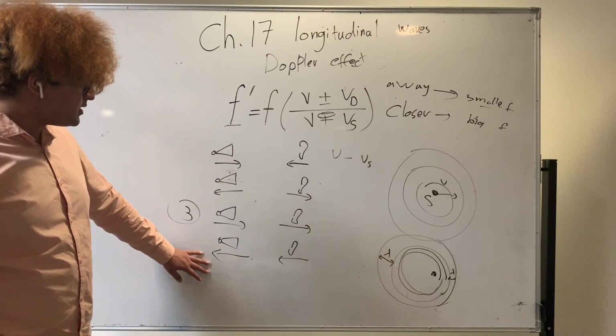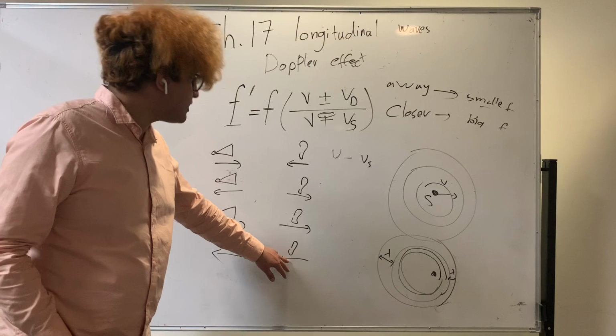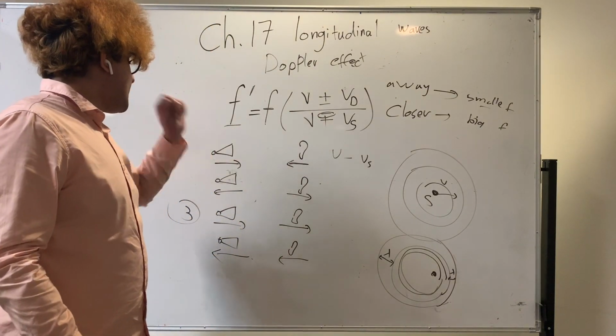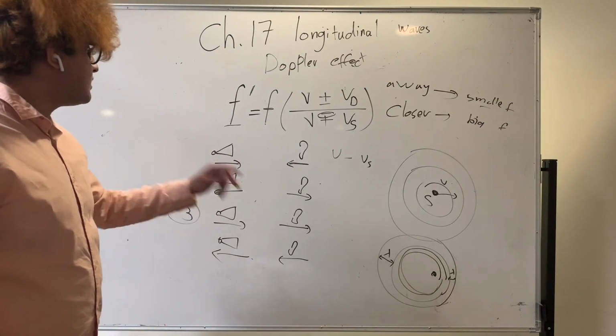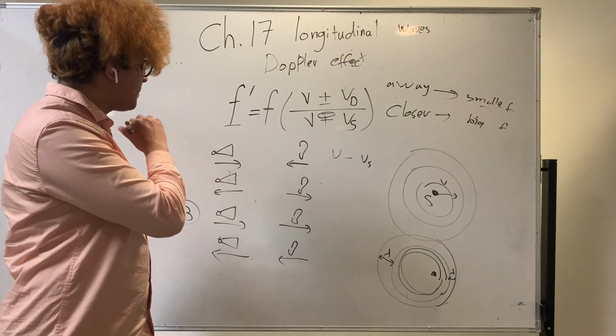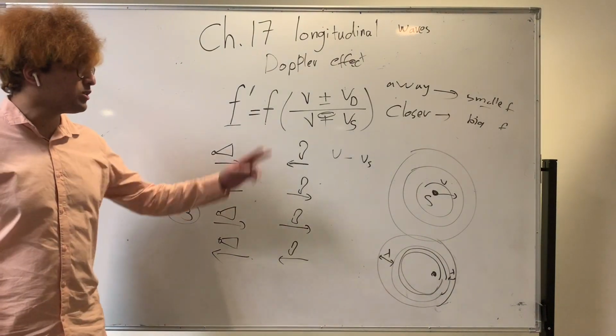And for the fourth scenario here, we're going to have the detector moving close to the source, so we're going to have a positive sign here. And the source is moving away from the detector, so we're going to have a positive sign in the denominator as well. Okay, so two rules to remember.